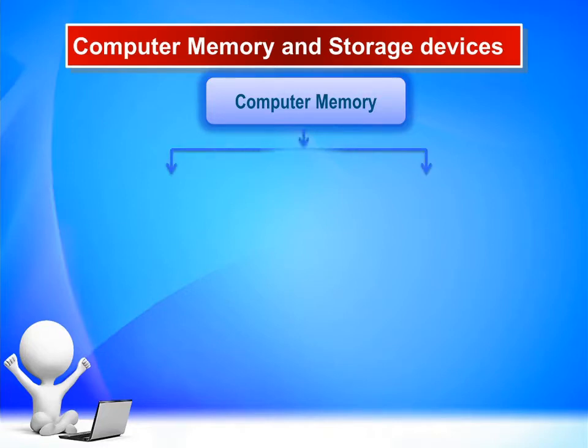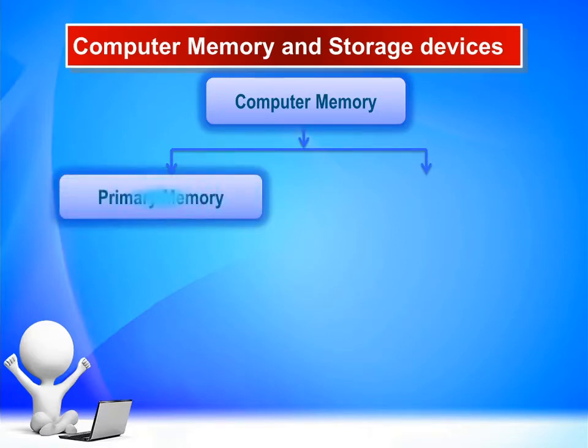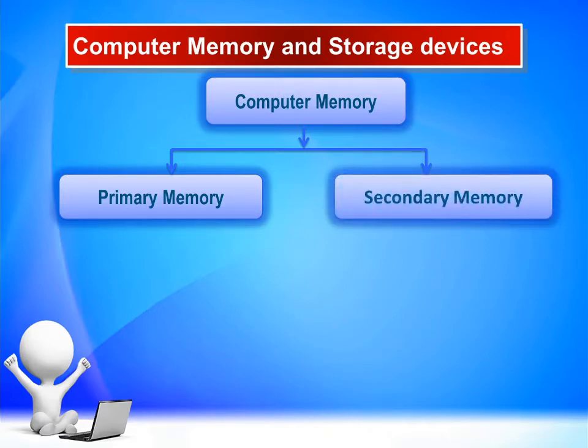We can divide computer memory into two types: primary memory, which is also known as main memory or the internal memory of the computer, and secondary memory, which is also known as auxiliary memory or the external memory of the computer.